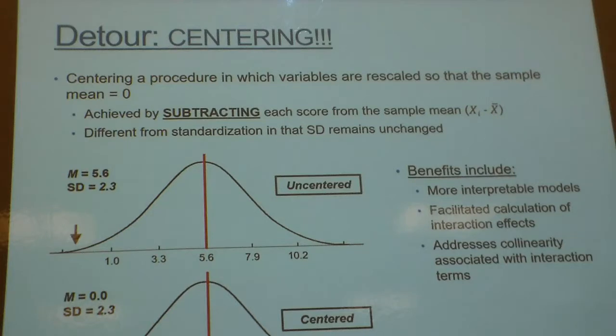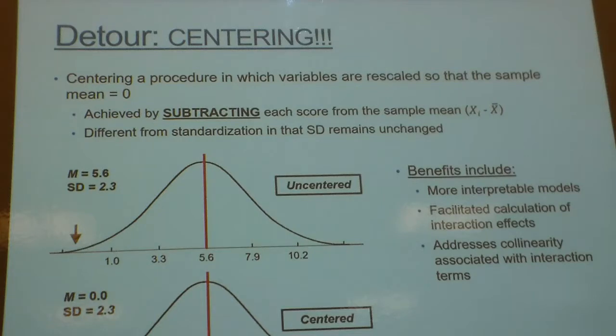So it doesn't change our interpretation. Our literal interpretation is the same. It's just 0 is now a meaningful point on the scale as opposed to something on the very low end where no one is actually falling, or at some value that's not even a real value on the scale, right?